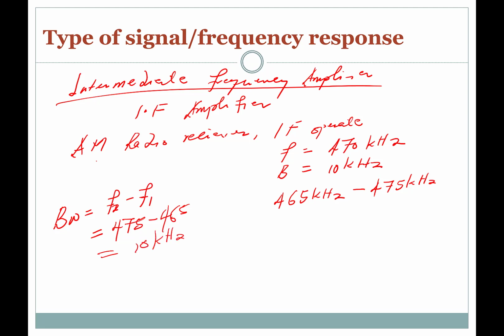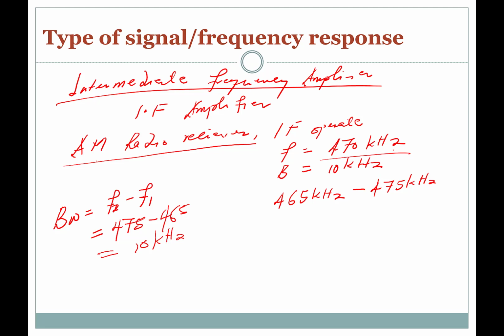While TV commonly uses 6 megahertz. So for radio we have 460 or 470 kilohertz as our frequency, around that figure.